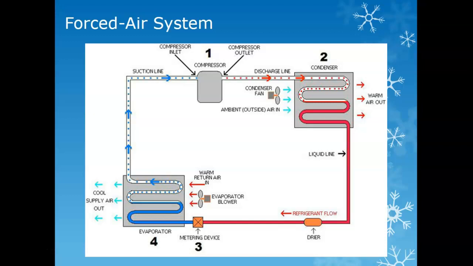Outside your house, where you have the big metal tower that everybody has to buy, that's where this is happening right here. What that's doing is the hot coils are down at the base of it, and it's trying to force air over it to cool it. Does that make sense?